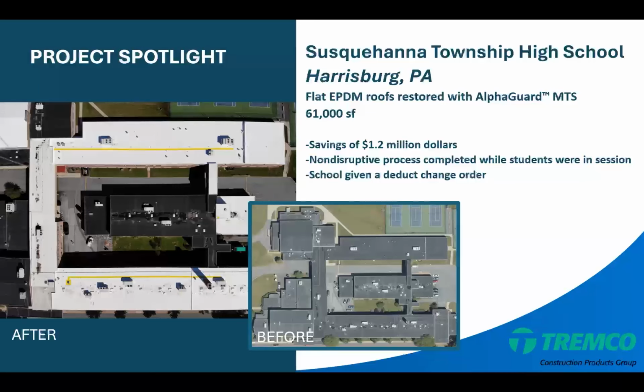In this scenario, many times there may be economies of scale, or we may find we were able to not have to replace as much decking or other components. In this situation, the school was actually given a credit, or a deduct change order. So they got money back. Not only did we not go over budget, we were actually under budget in this scenario.